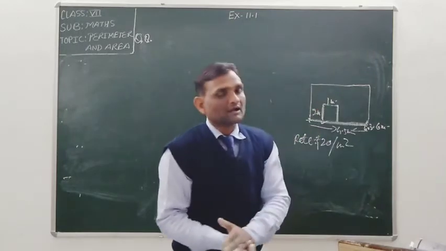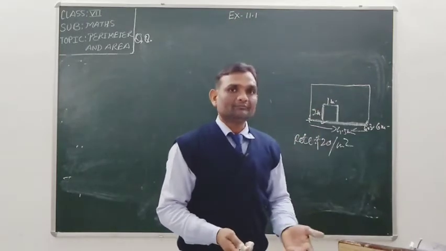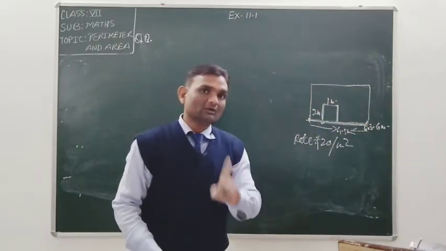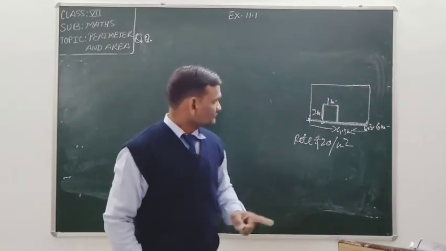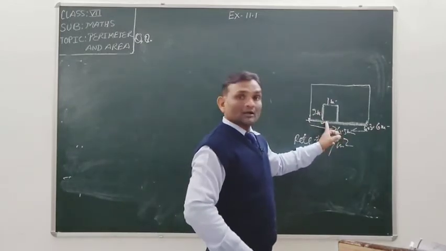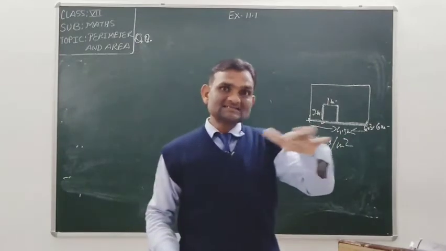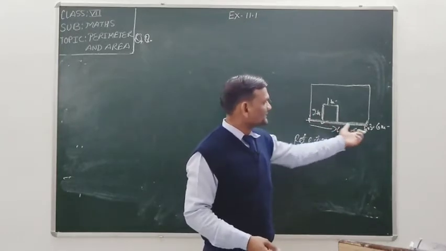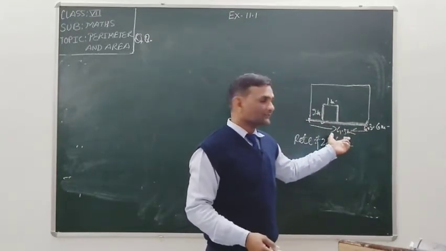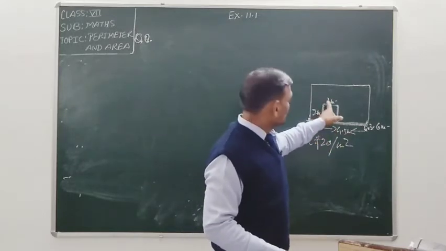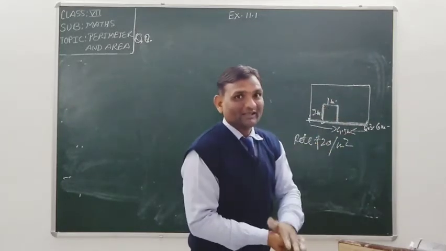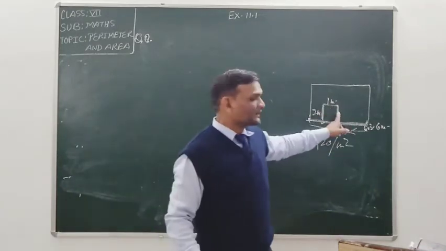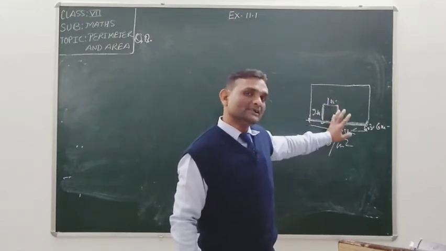I first have to find the space where I have to whitewash. So area of the wall, the whole wall including door. My wall is in the rectangle shape. So what is the area of a rectangle? Length into breadth. So we can find out easily, and then we will find out the area of the door. The door is in the shape of a rectangle also. So length into breadth, 2 into 1, 2 meter square.